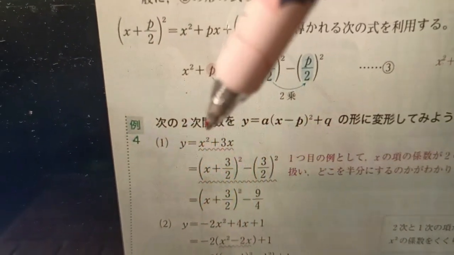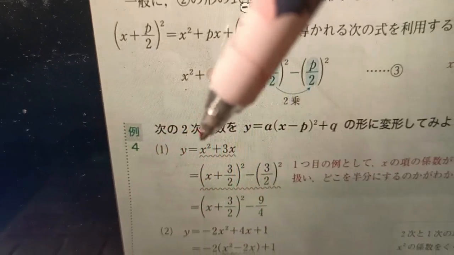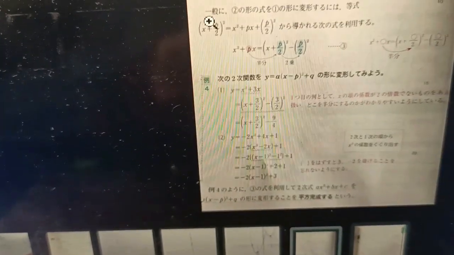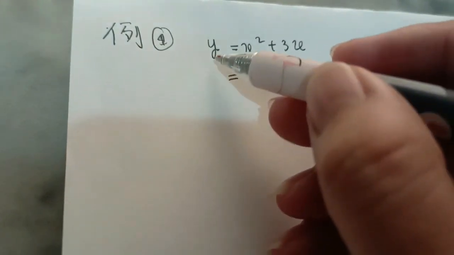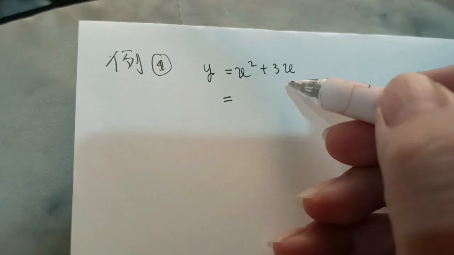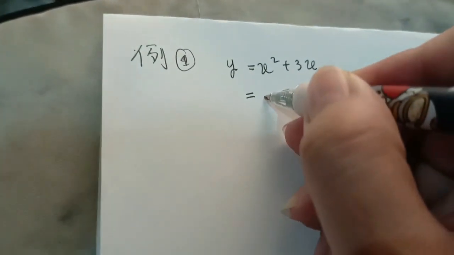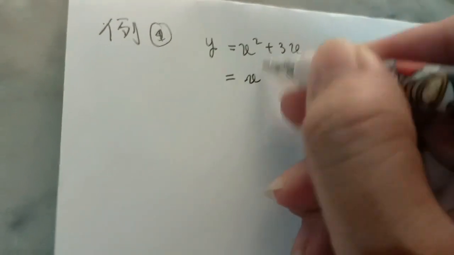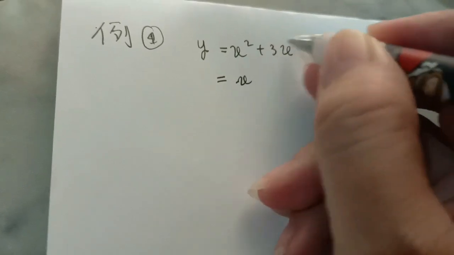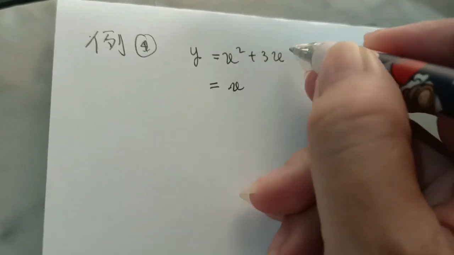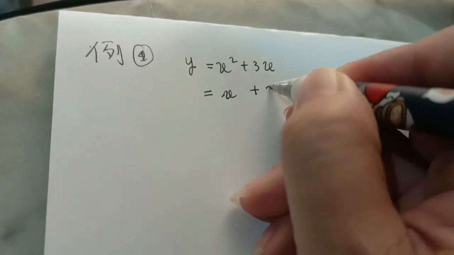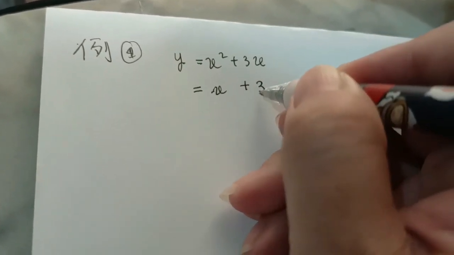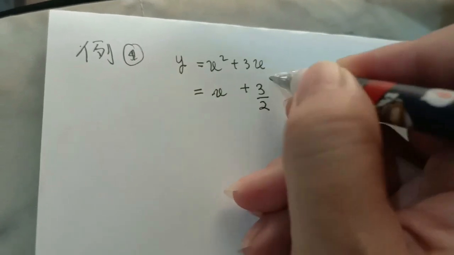Number 1, we are going to solve this problem. y equal x quadrat plus 3x. This is the question. How to do it? Look, we are going to remove the quadrat over here. So when we remove the quadrat over here, the x over here also will be gone. We have to divide it with 2 right away.